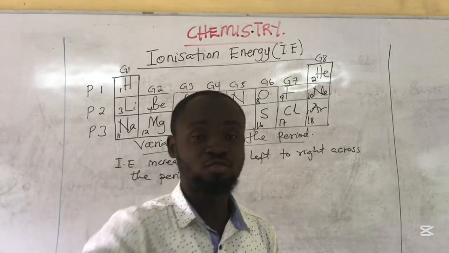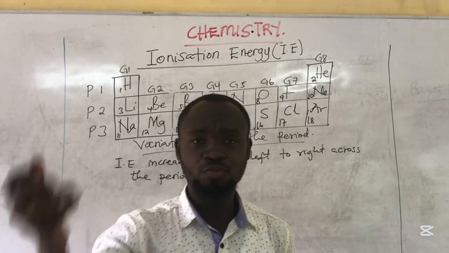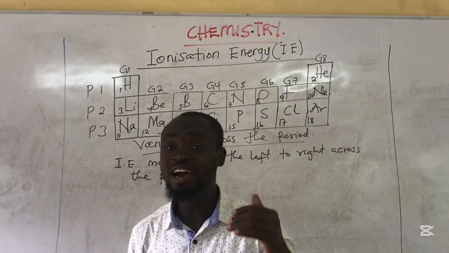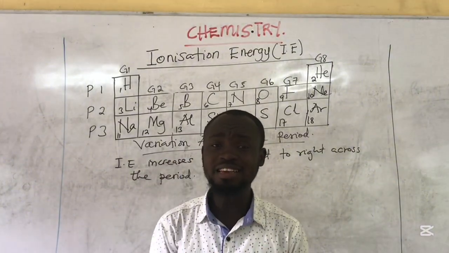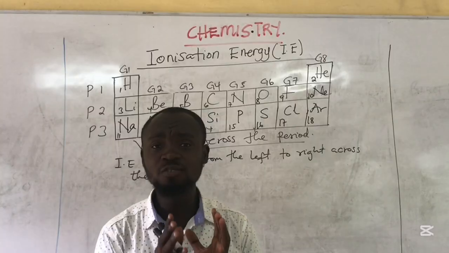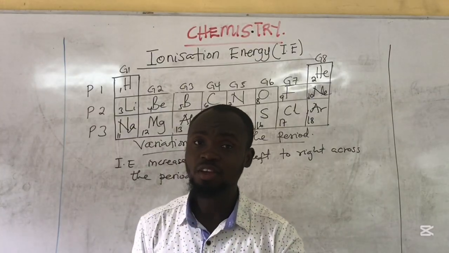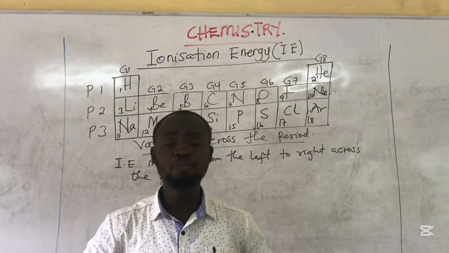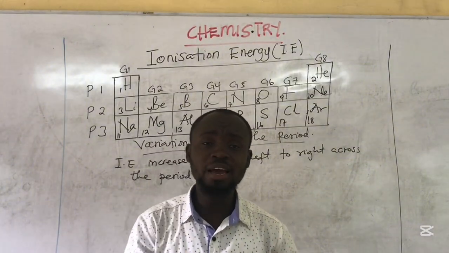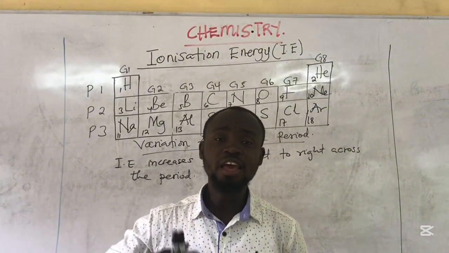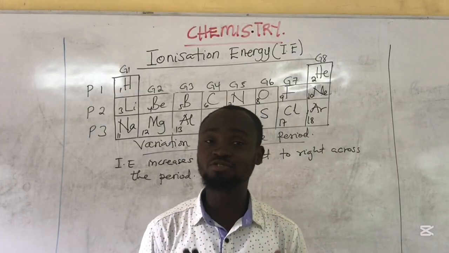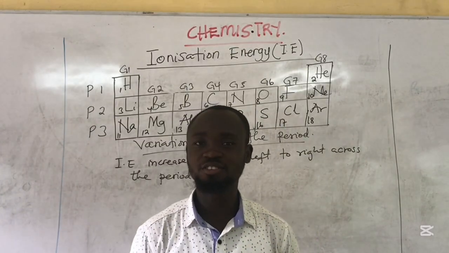Is that okay? So then, ionization energy is the energy that you need to remove an electron. Before you remove that electron, you need to overcome the effective nuclear attraction. Is the effective nuclear attraction very great? Yes, it is very great because of the increase in proton number. The proton number increases the nuclear attraction, and the moment nuclear attraction increases, effective nuclear attraction is also going to increase.